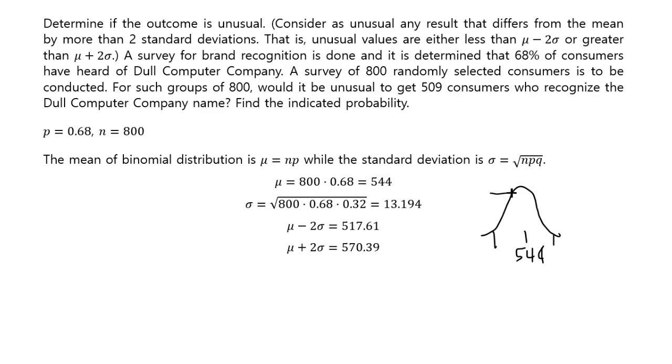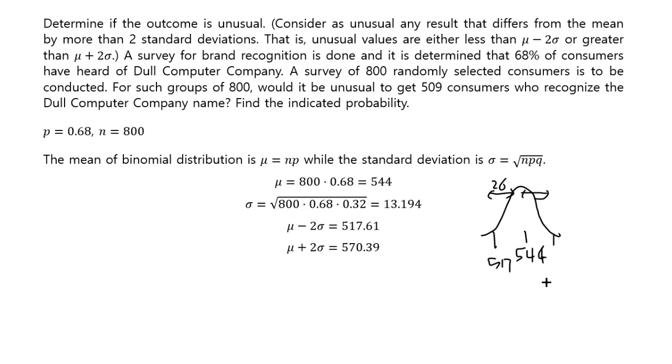So let's say this distance is 2 sigma, and this value here, 517, is here, but as you can see, 509 would be left of 517, so it lies outside this plus or minus 2 sigma. Okay, that's why this 509 will be an unusual event. In other words, it will be too low.